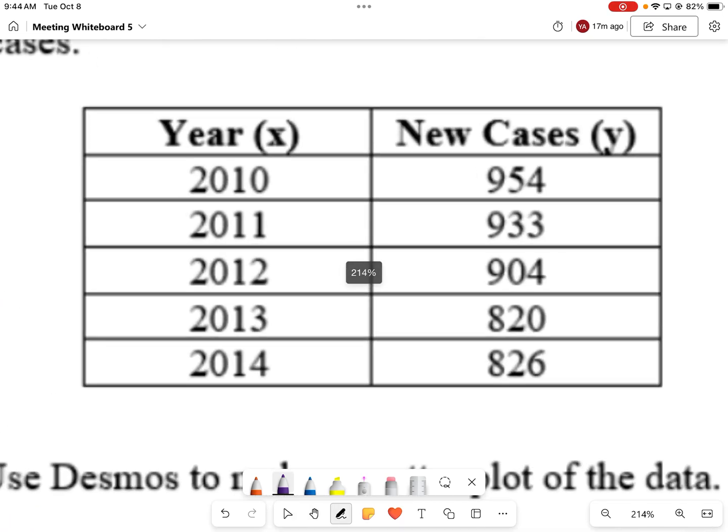Okay, real quick, I don't want to deal with these big old X values, so I'm going to change this to years since 2010. So I'm changing the X to years since 2010.